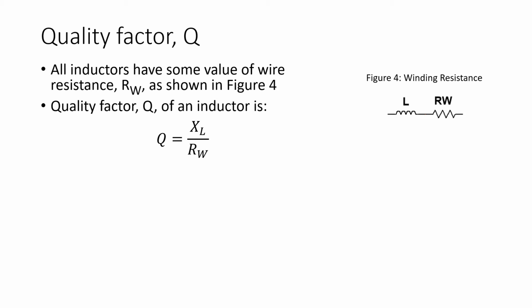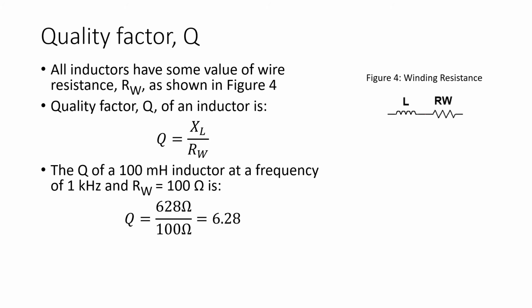So when we discuss inductors, we have to take into account both the opposition to current caused by the expanding and collapsing magnetic fields, X sub L, and the opposition to current caused by the wire resistance. One metric we use to quantify inductors is the quality factor Q, which mathematically is X sub L over R sub W.